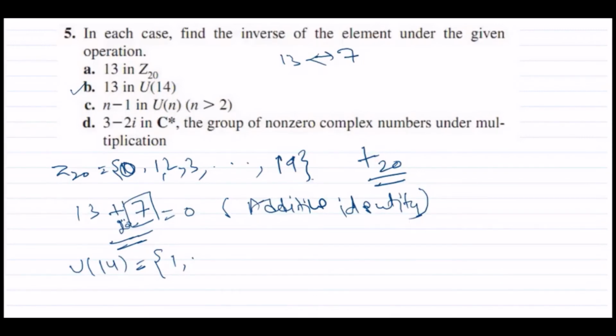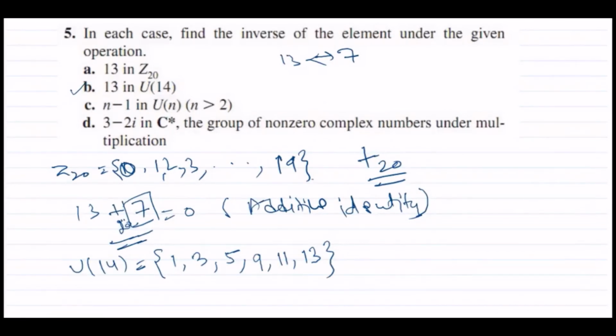So 1, 2 not there, 3 is there, and then 5 is there, and 6 cannot be there, and 7 cannot be there, 8 cannot be there, and 9 may be there, and then what about 10? 10 cannot be there, and then 11, and then 12 cannot be there, 13. So these are the elements of U14.